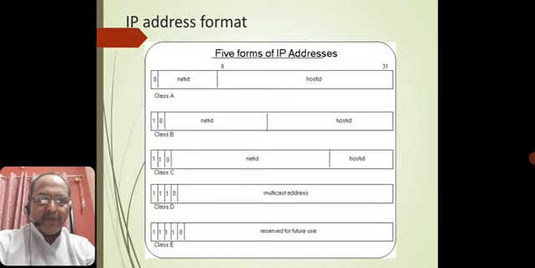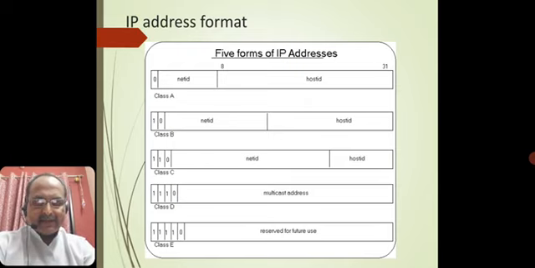Now if you look into the IP address format, the 5 forms of IP address: class A, 0 is the initial start bit. The net ID is recognized with 8 bits reserved, and the remaining bits from 8 to 31 are reserved for the host ID. In class B, there is a 10 prefix, the net ID followed by the host ID, and in class C, 110 is the class C structure. In class D, 1110 is followed by the multicast address.